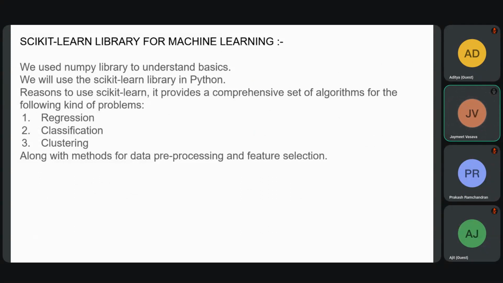Now I'll be using scikit-learn, and the reasons to use scikit-learn are it contains a comprehensive set of algorithms for the following kinds of problems, which are regression, classification, then clustering. And along with that, the methods for data pre-processing and feature selection as well.